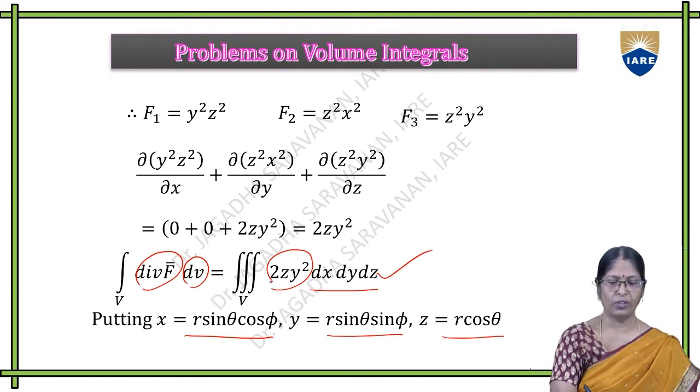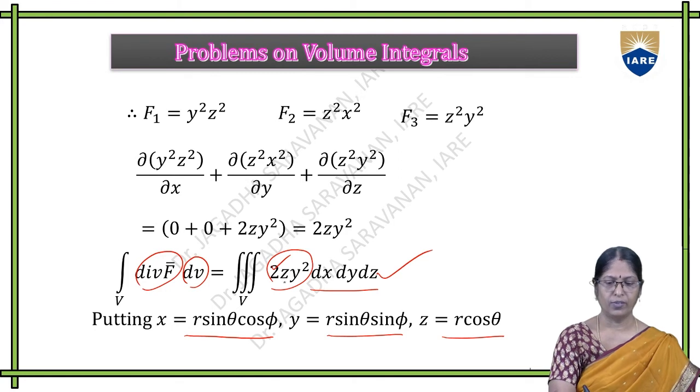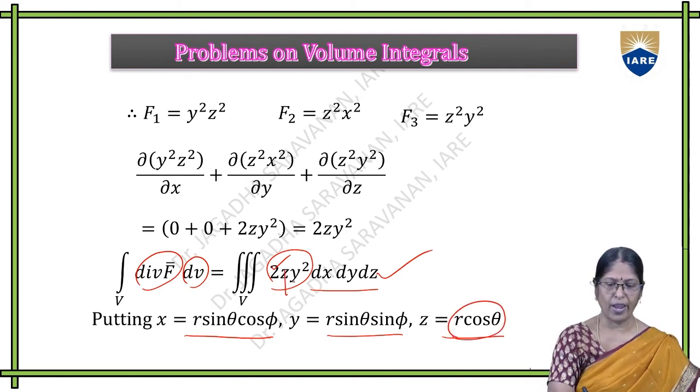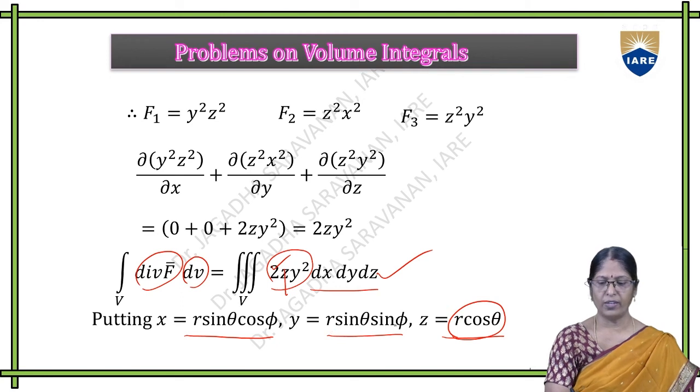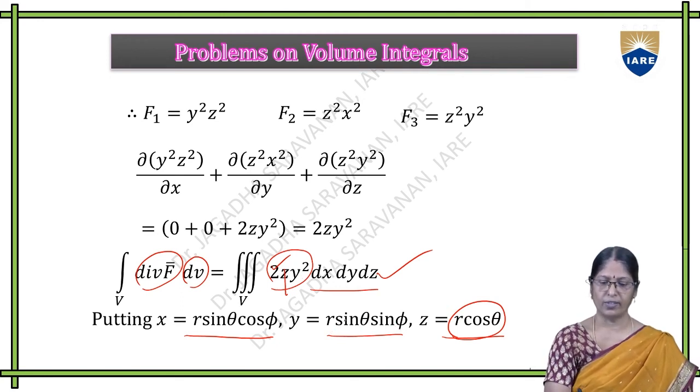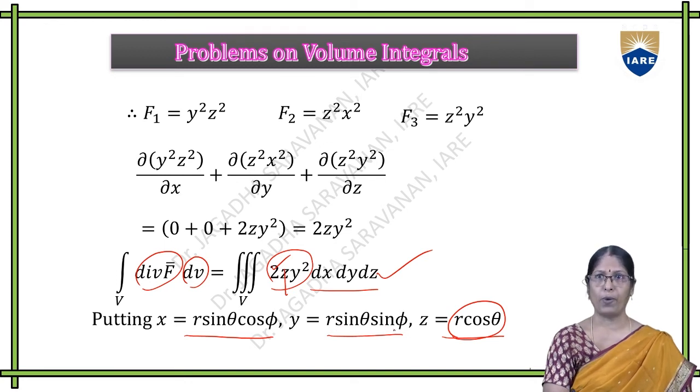So we keep the 2 as it is. z we write as r cos theta. y is r sin theta sin phi, but y square is there, that is the reason for r square sin square theta sin square phi.